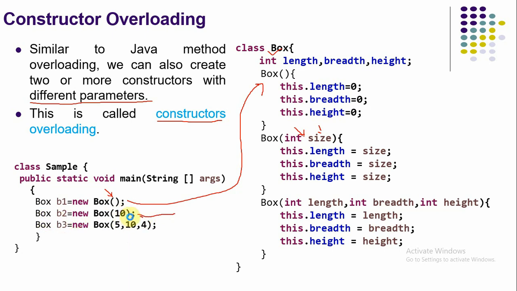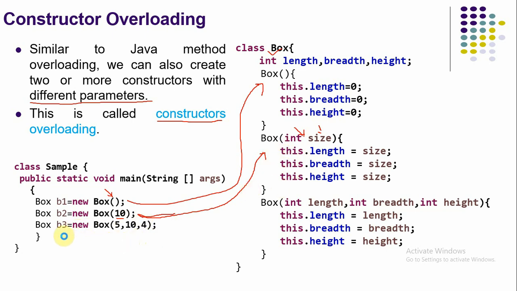One argument, so the second constructor will be called. For example, when I pass 110, it will call this Box of size constructor.